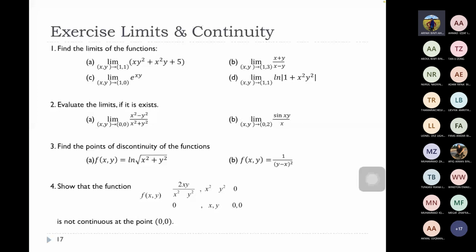Any questions? So try to do this one. How are you going to solve this exercise? So for the limit, let's look at number 2.